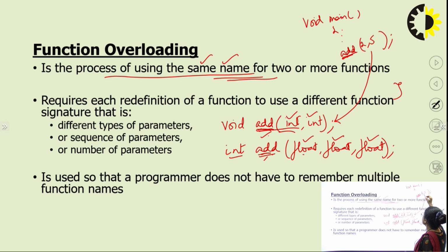But if instead of two integral values we are passing three integral values, in that case the second function will be called. So the decision of which function will be called is made on the basis of the arguments that you are passing to those functions.